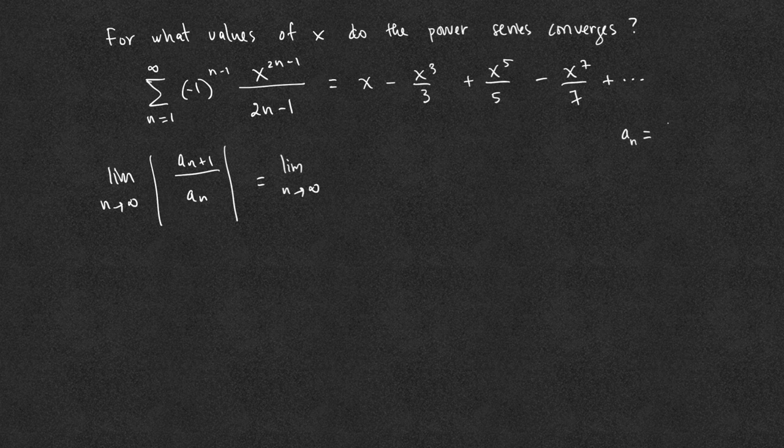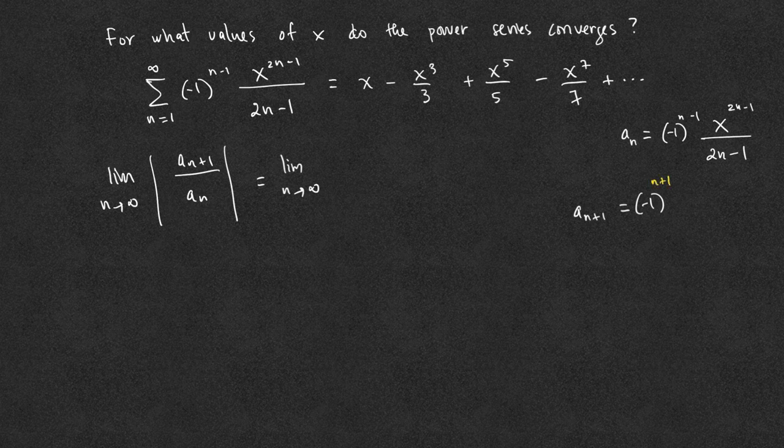A sub n is (-1)^(n-1) x^(2n-1) over 2n minus 1. So a sub n plus 1 is, we simply rewrite everything and replace n with n plus 1.